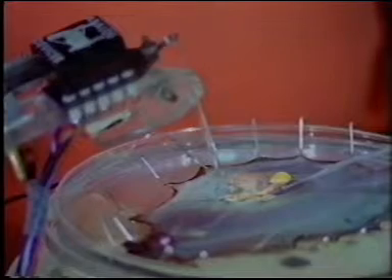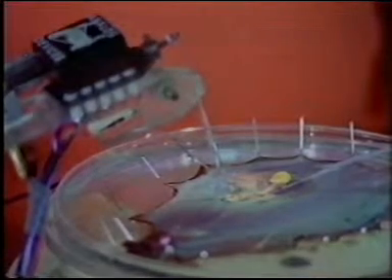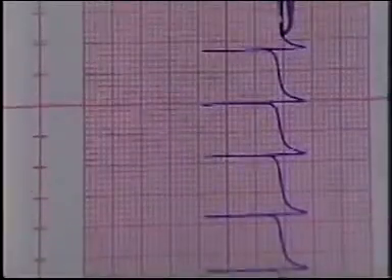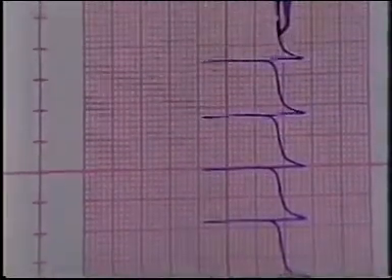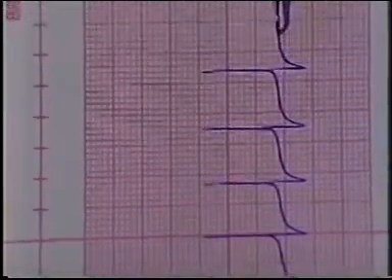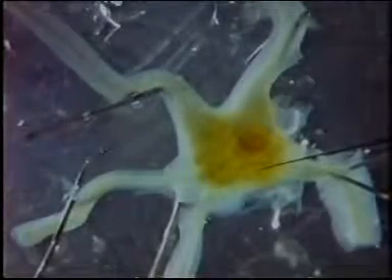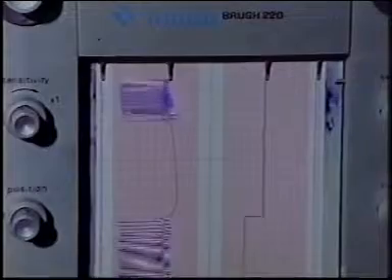Experiments on the nervous system of the sea slug, Aplysia, show that its nerves don't all behave in the same way. In their resting state, some nerves produce no signal, while others produce regular signals without any stimulation. In response to stimulation, some neurons increase their rate of firing or fire in bursts.